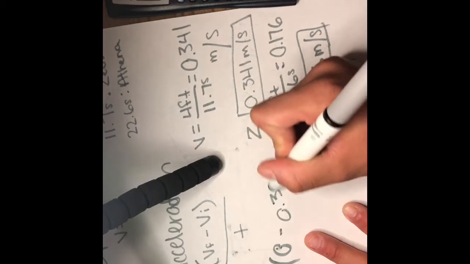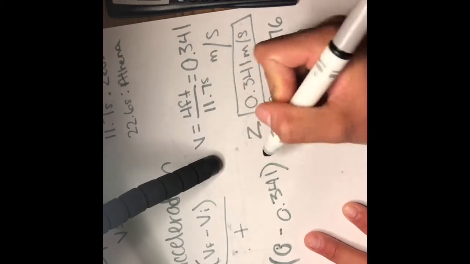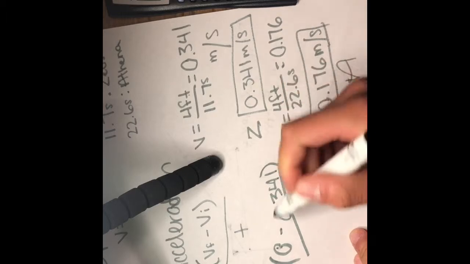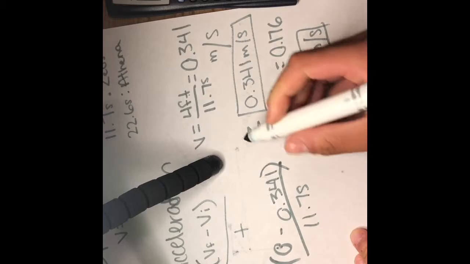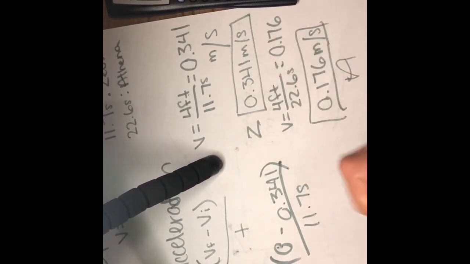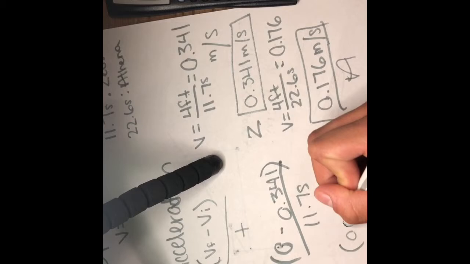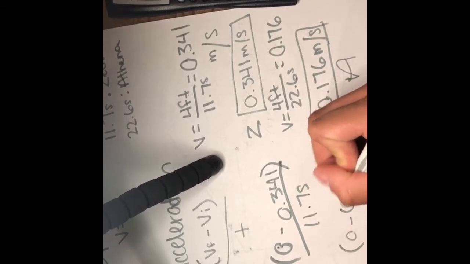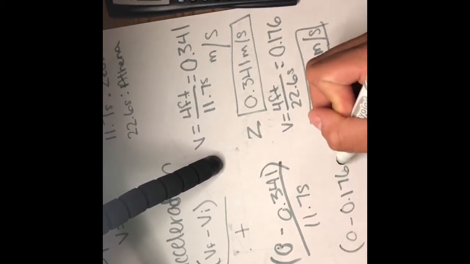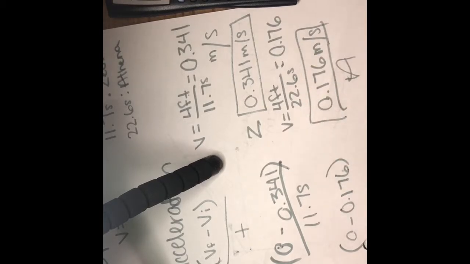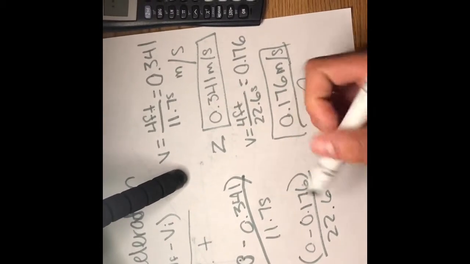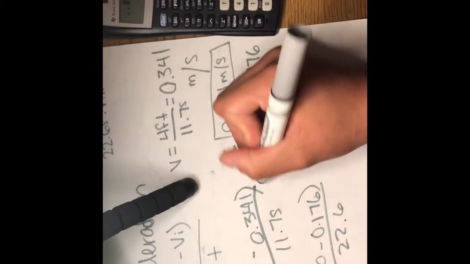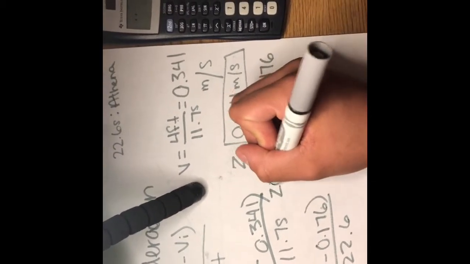So we'll put 0.341 over 11.7 seconds. And then Athena's would be 0 minus 0.176 over 22.6.